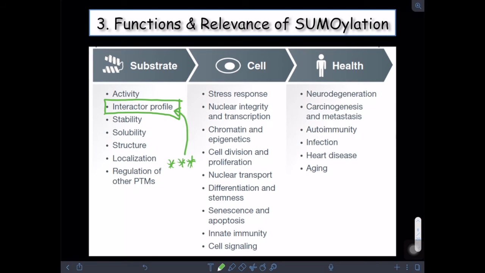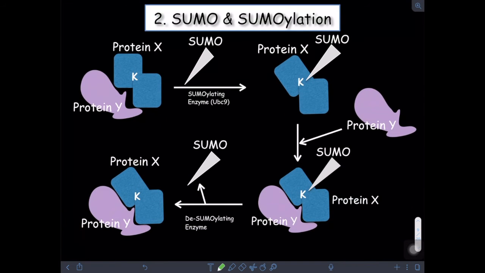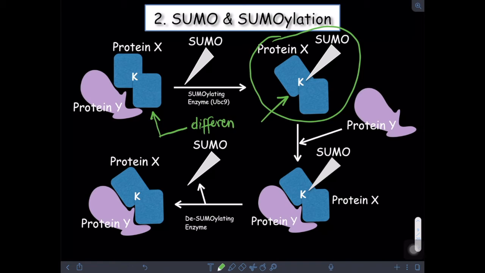According to this model, once SUMO is attached to the protein, it typically triggers a slight change in the actual shape of the protein so that that particular protein that has been SUMOylated can now interact with other proteins that were not able to interact with the unmodified form of the protein.